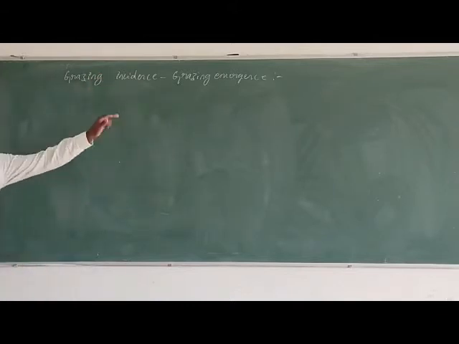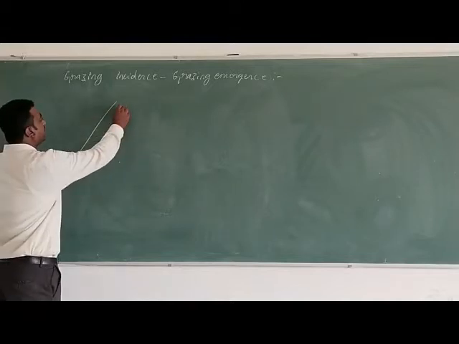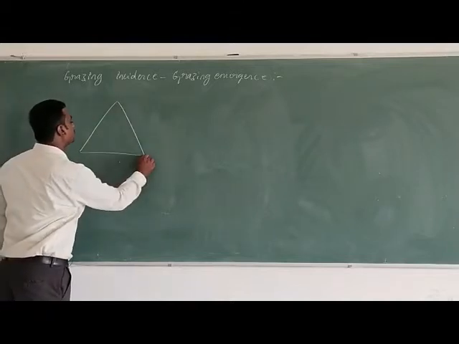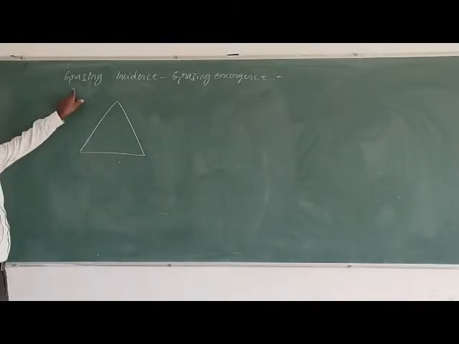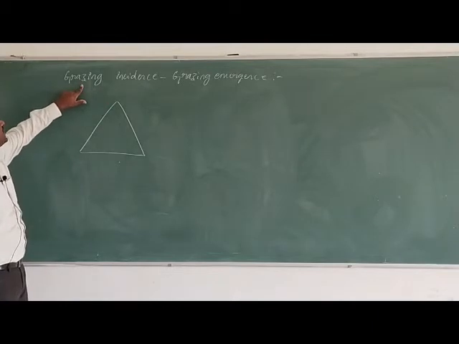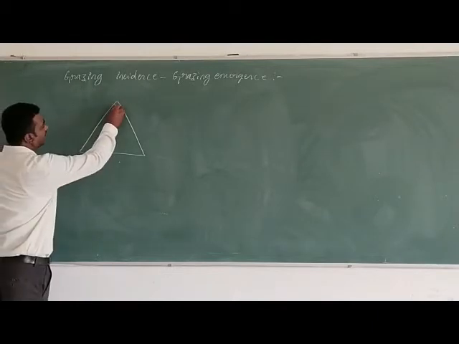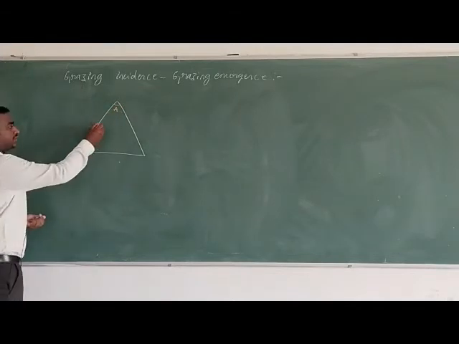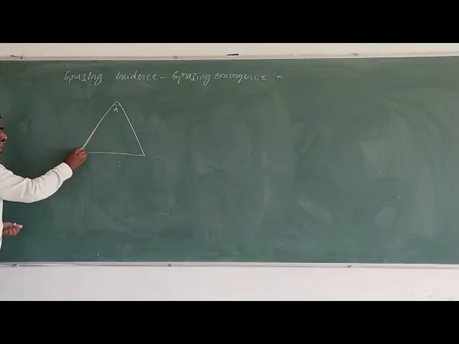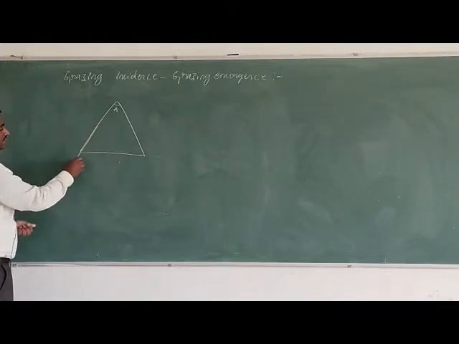so that we have grazing emergence. For that, if we consider here, this is the prism. The light ray should graze the surface, so what is the angle of incidence, it grazes the surface. The incident light ray grazes the surface.